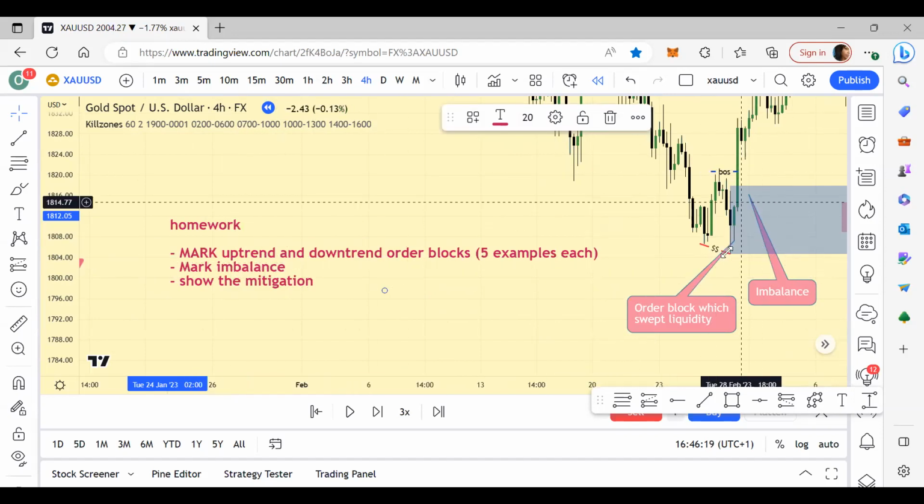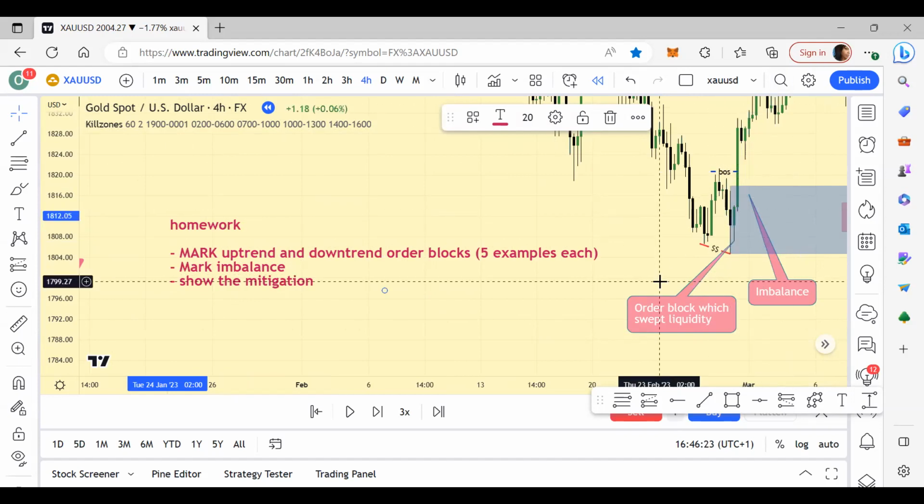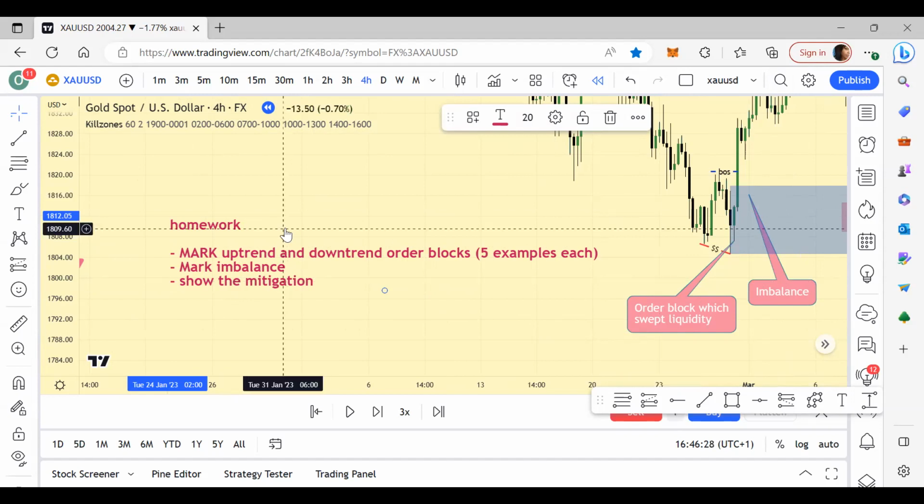So you know that this is an uptrend order block. Find the downtrend order blocks too. So 5 examples of each. You can use screenshots. I know Mike said he didn't know how to do it before, but let me just show you what you need to do.